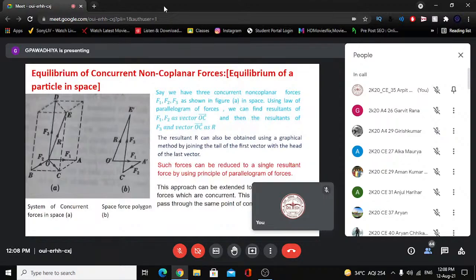Which are directed along X, Y, X, Z and Y directions respectively. So if we find the resultant, then we can follow the same process that we do in 2D forces.